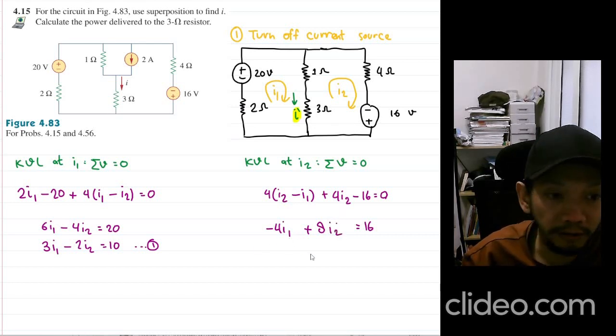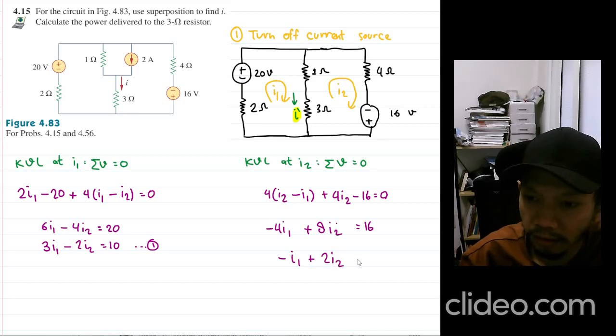Maybe we can divide both sides by 4, so I'll have minus I1 plus 2I2 equal to 4, which means 2I2 is equal to I1 plus 4.